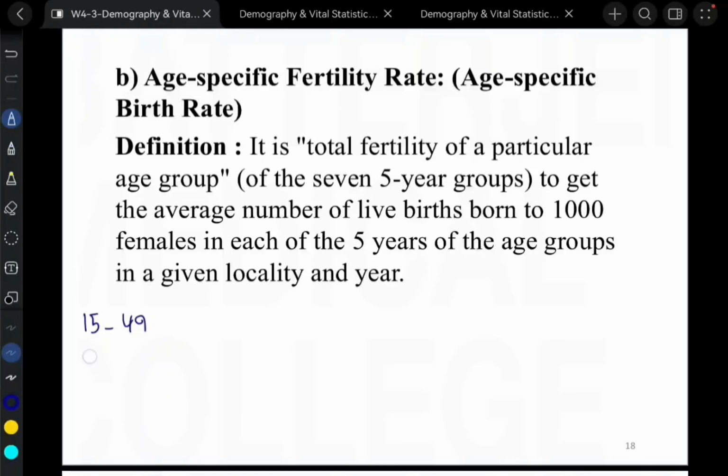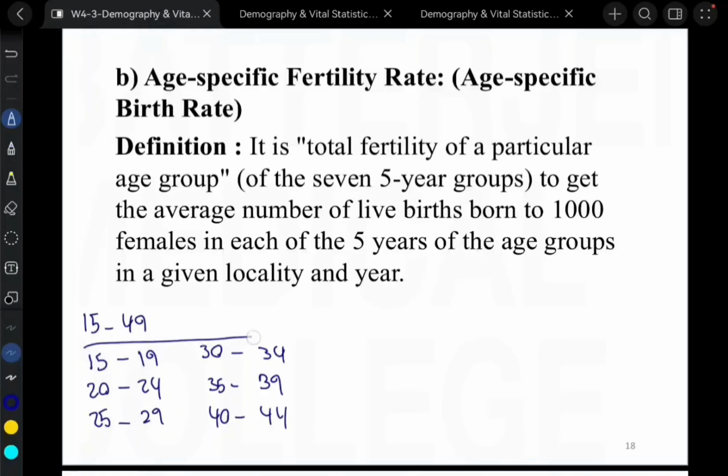It's going to be 15 to 19, that's one. Then 20 to 24, then 25 to 29, then 30 to 34, 35 to 39, 40 to 44.